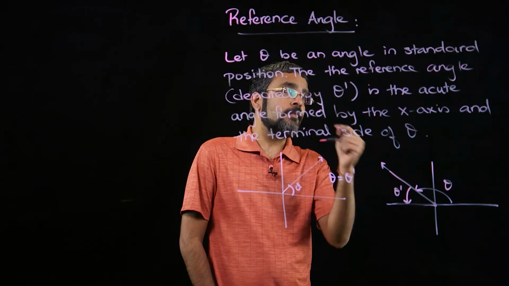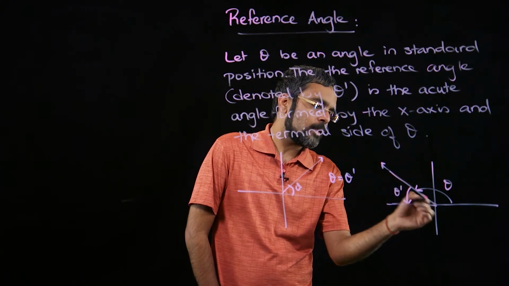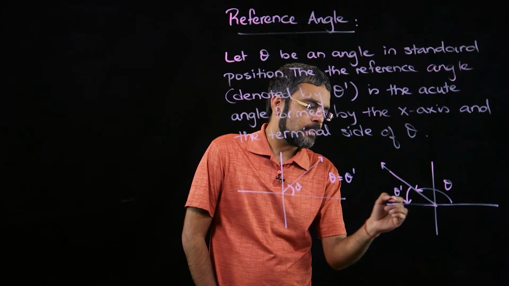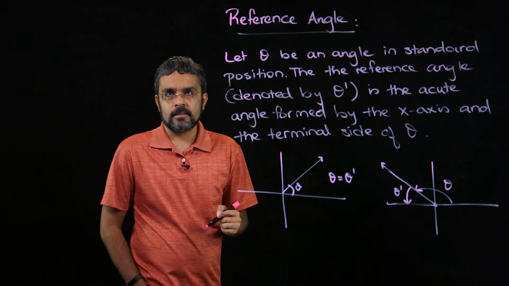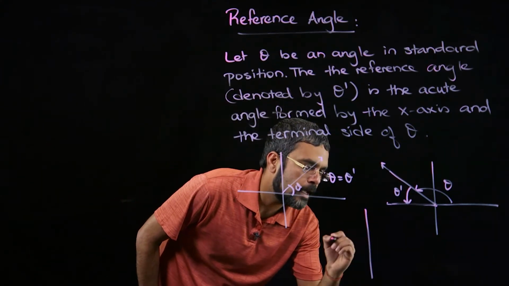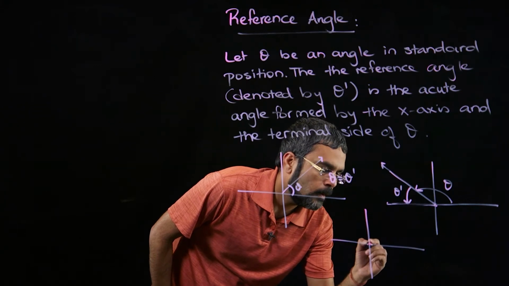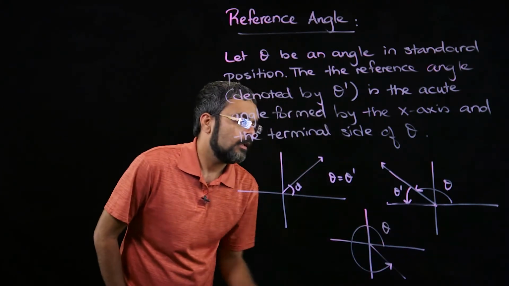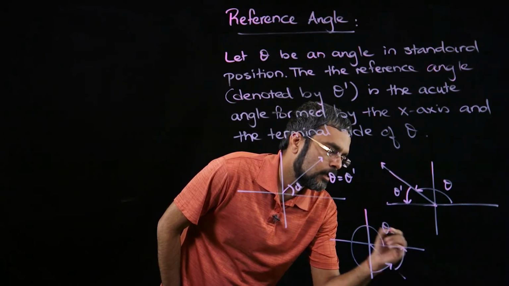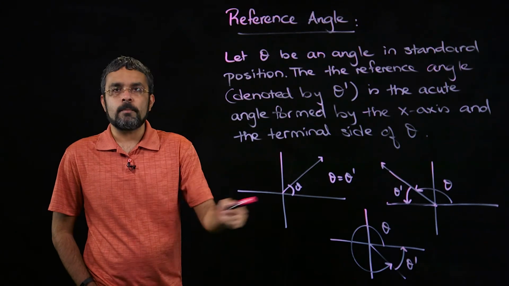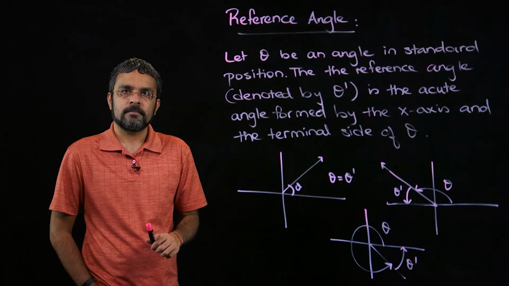And like I said in the definition, it shares one side, the terminal side, with the original angle, and its other side falls on the x-axis. In another case, let's say this here was my angle theta, then this acute angle would be theta prime, and that would be my reference angle.